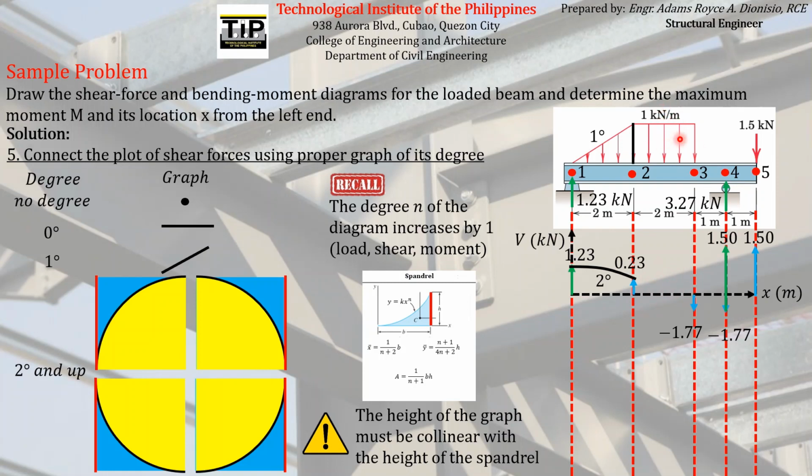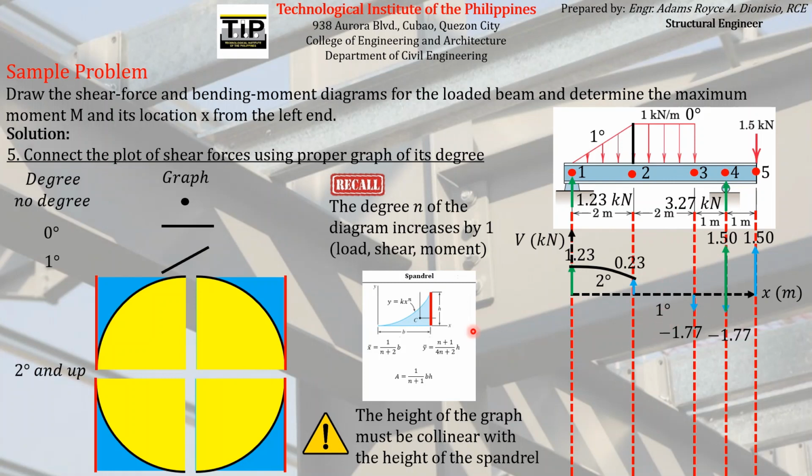Obviously, the degree of this curve is equal to 0 according to this table. A horizontal line has a degree of 0. So the degree of the curve on this span below the 0 degree curve on the load diagram must have a degree of 1.